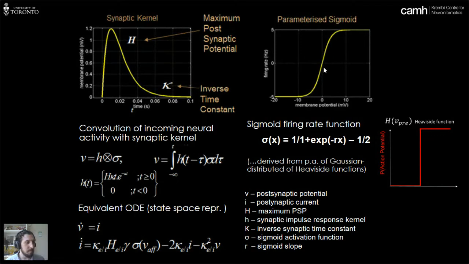So the chap who came up with the use of the sigmoid function in neural networks was Grossberg in, I think, 68. And then roughly the same time, both Freeman and Wilson and Cowan came up with a similar type of function on the basis of a more physiologically based argument along the lines of what I just described, of what the population average firing rate function would look like.